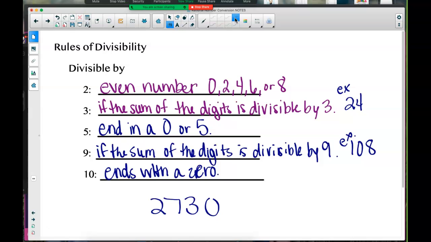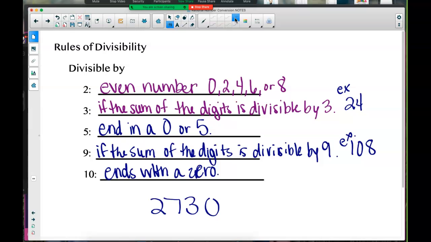I skipped 8 because 2 times 2 times 2 is 8. And then others higher than that, dividing by 11, dividing by 12, those you would just have to check, but those are not the most common ones. These are the most common. 2, 3, 5, 9, and 10 are the most common ones that we'll run into.